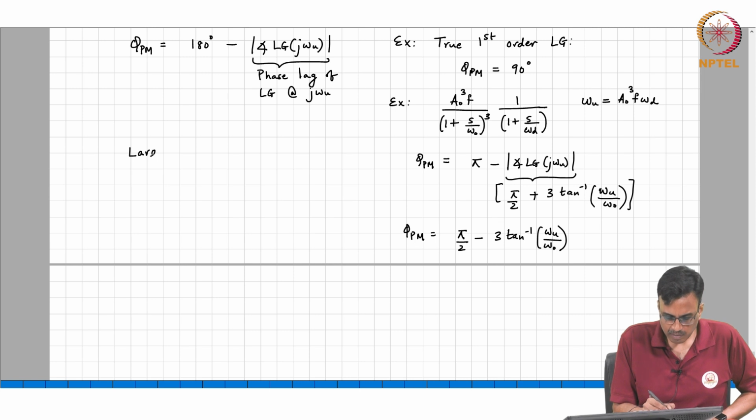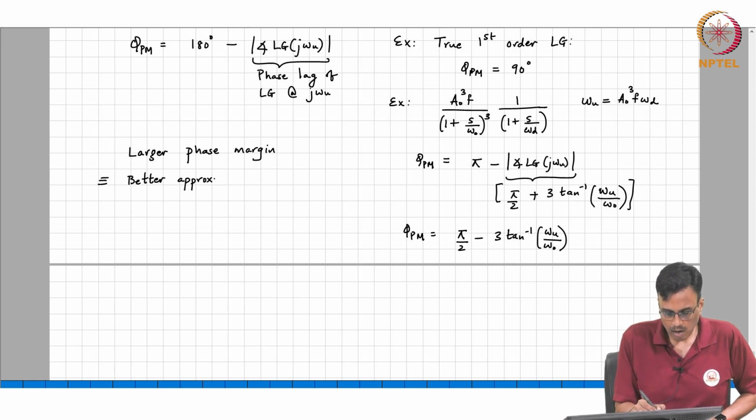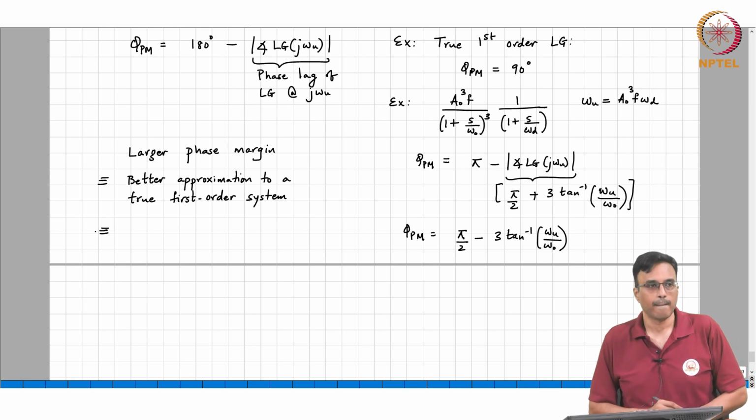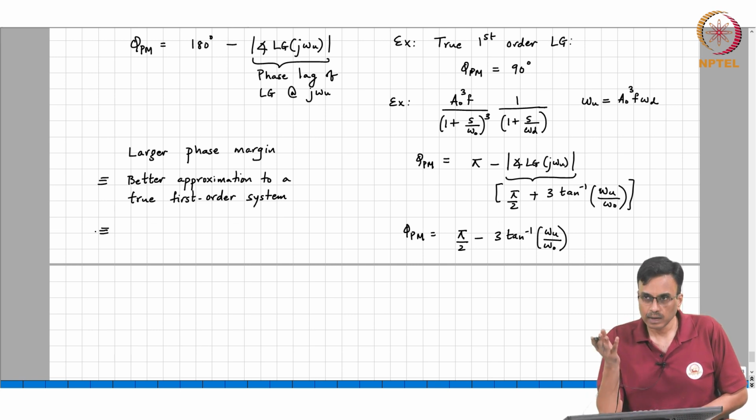Larger phase margin is equivalent to saying a better approximation to a true first order system. But what are you paying when you get a better approximation to a true first order system? Yeah.